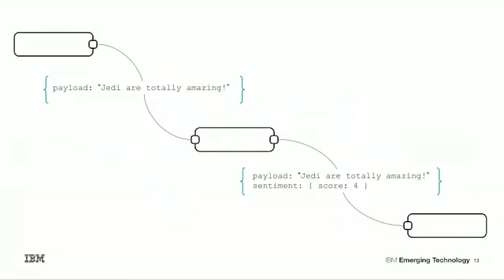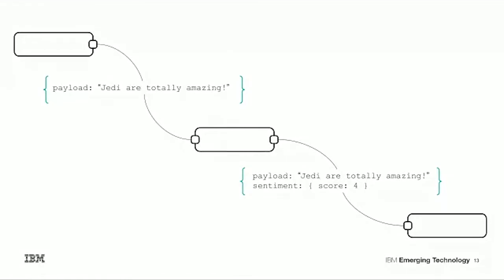So if we look for an example of one of the nodes we have in the default palette of Node-RED, it is a sentiment analysis node. This is a very simple node that uses a standard library. It looks at the individual words in the payload it's passed, and each word has a score associated with it. So it produces a total sentiment score for the text.